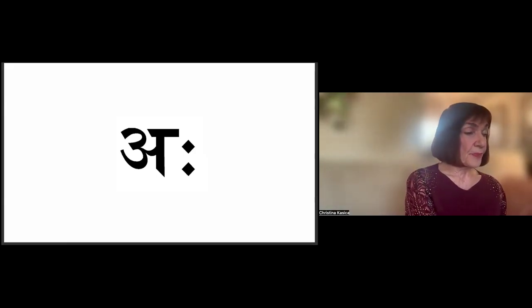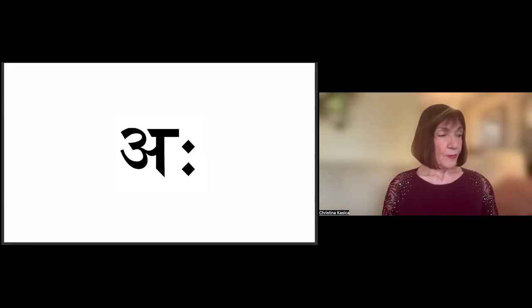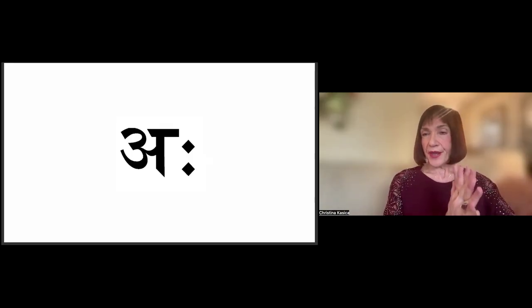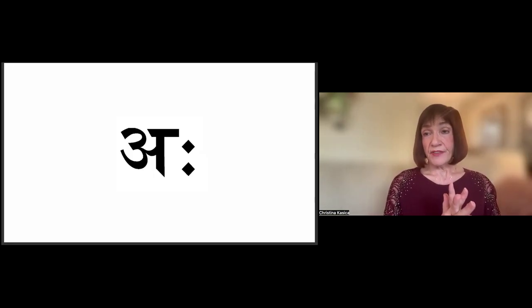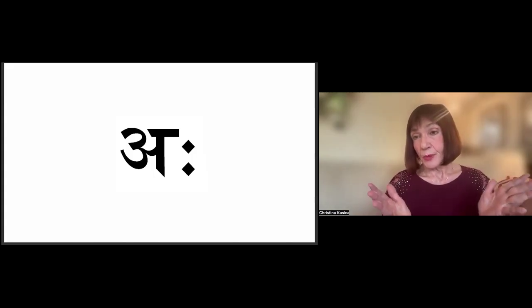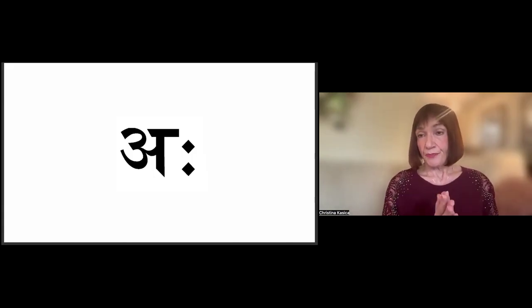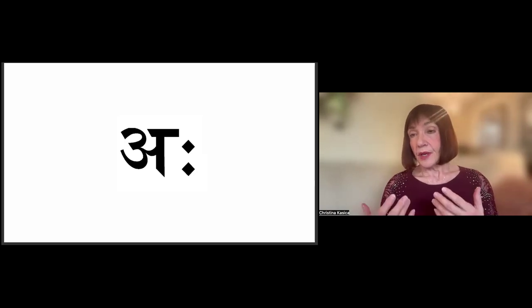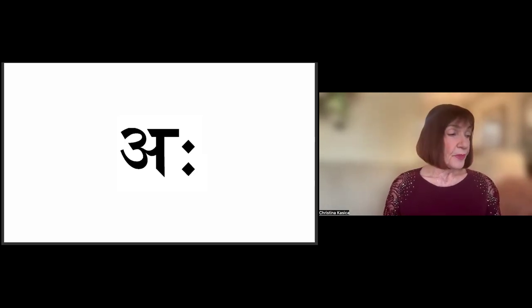Now, it sounds like aha, and it could be confused with the ha. But this is a breath sound attached to a vowel, and the ha is a regular consonant. So a word would never start, for instance, with visarga, which is this, but it could start with the h consonant.